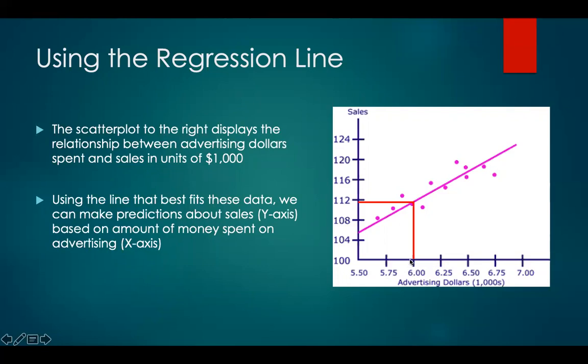So if a company spends roughly $6,000 in advertising, we could assume that this company will sell roughly $110,000 or $111,000 in sales. If they spend $6,500 on advertising, they'll sell between $116,000 and $120,000 in sales.